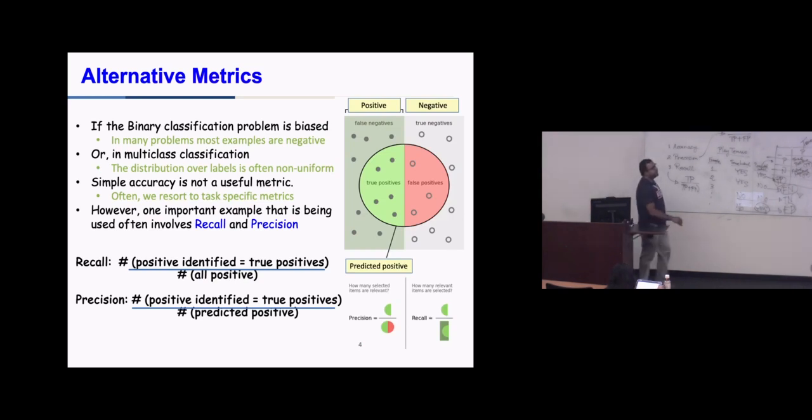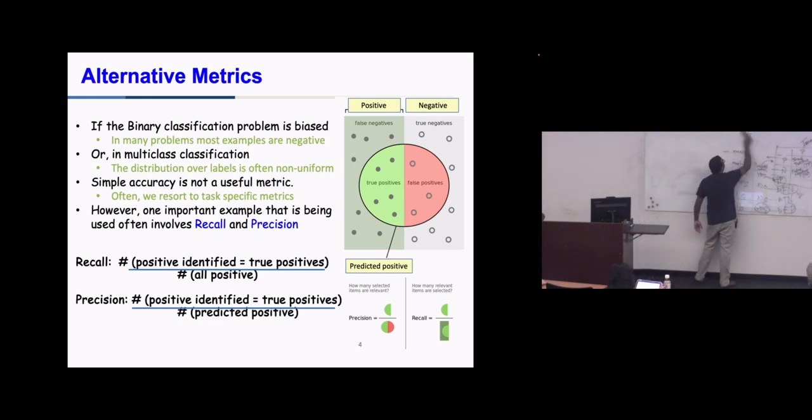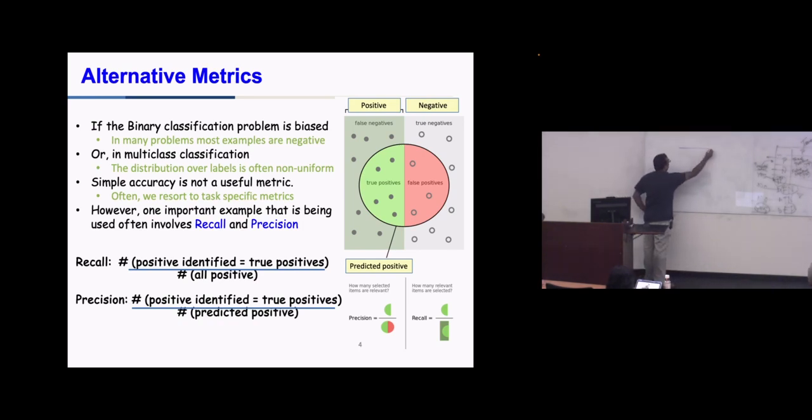So if you look at this figure, you can see this is a very nice illustration of precision and recall. Let's say this is the whole universe of examples. It's like a box shape, just imagine. And then here is a decision boundary.